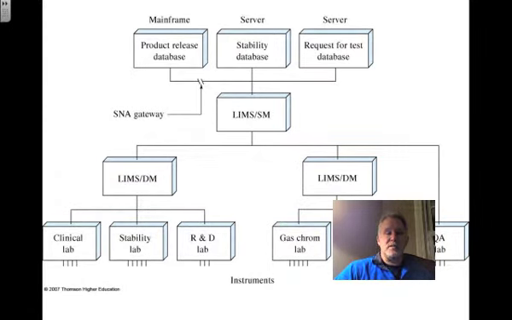Well, this is not something that we have in our lab, but it's something that you might encounter in a job, out in the real world, where they have these laboratory information systems or LIMS, where they're handling the data. And there's a database, there's all sorts of different input from the different labs, the different instruments within a lab.